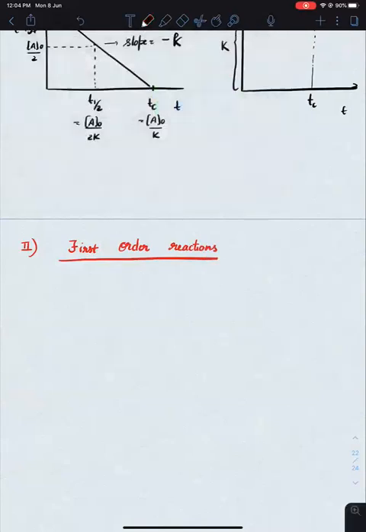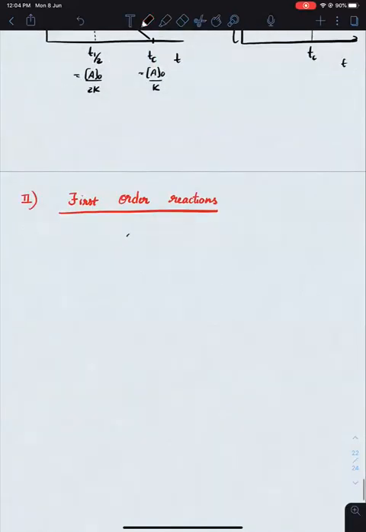What is the rate expression for any given reaction? A gives rise to products. The rate expression will be minus dA upon dt = K into concentration of A per n. For a first order reaction, n = 1.